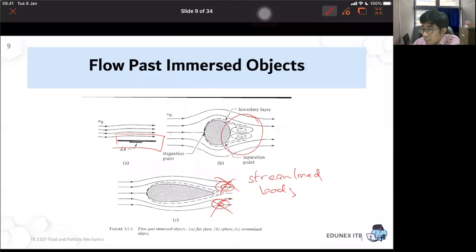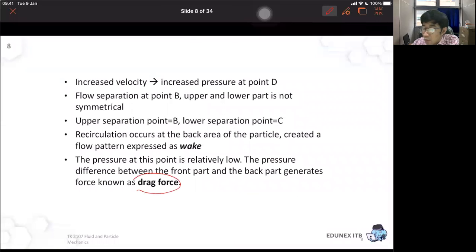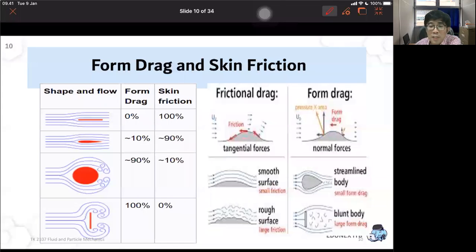We call the resistance the drag force. The pressure difference between the front part and the back part will create the drag force, and the drag force will be influenced by the shape of the particle.